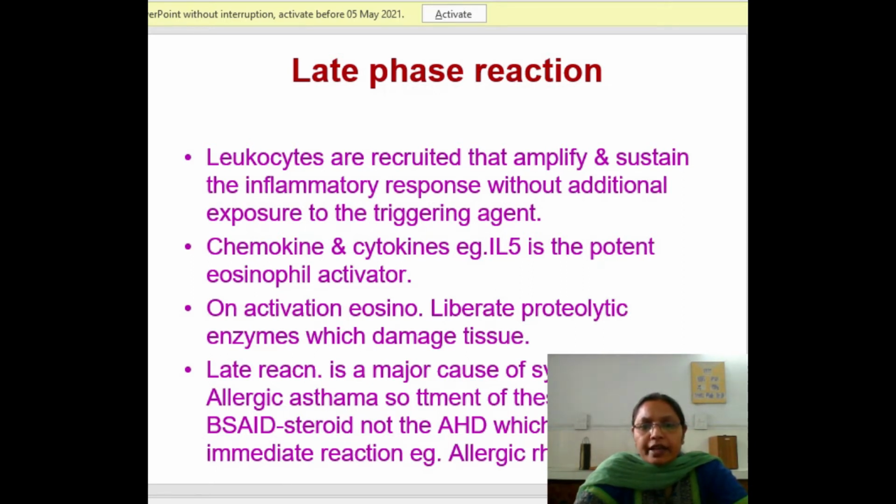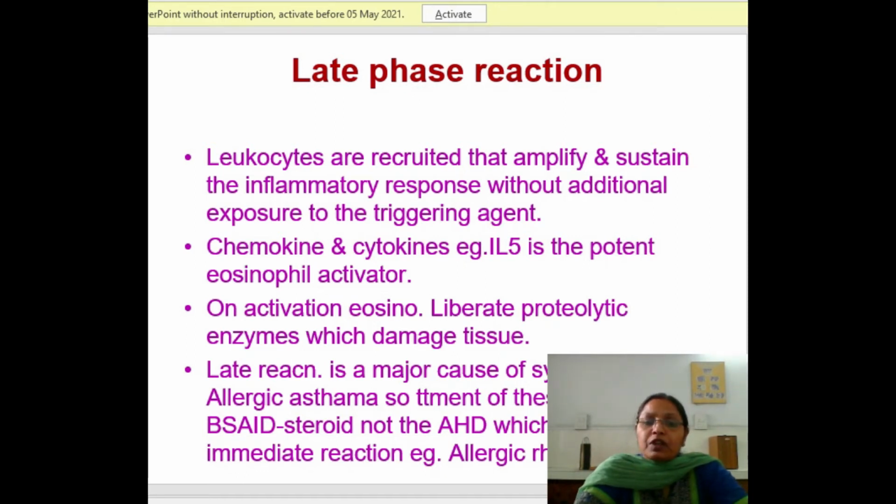Chemokines and cytokines like interleukin 5 are potent eosinophil activators. On activation, eosinophils liberate proteolytic enzymes that will damage the tissue. The late reaction is a major cause of symptoms like allergic asthma. So for the early and the late reactions, we have different treatment protocols.